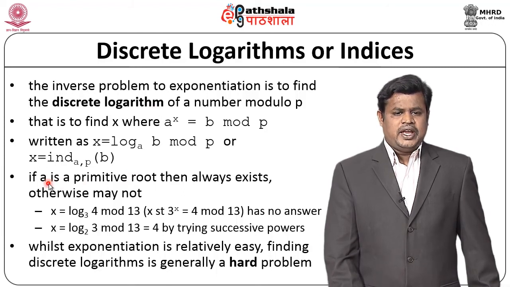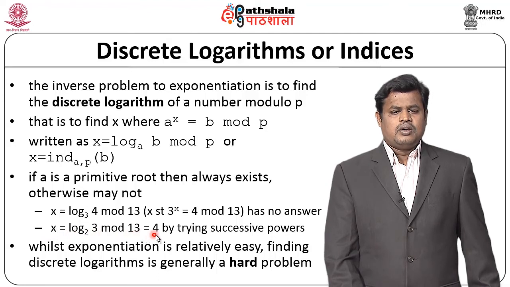If a is a primitive root, then the discrete log always exists, otherwise it may not. For example, if I take x = log 3 4 mod 13, then it has no answer. Similarly, x = log 2 3 mod 13 is equal to 4, found by trying the successive powers.